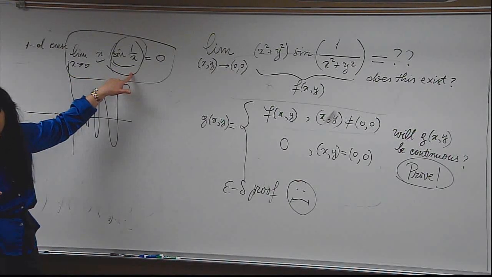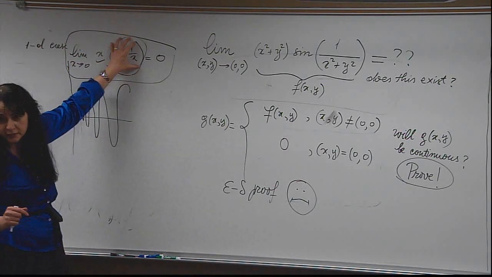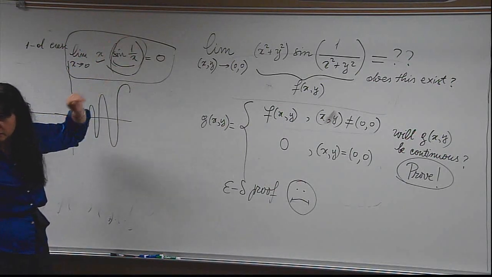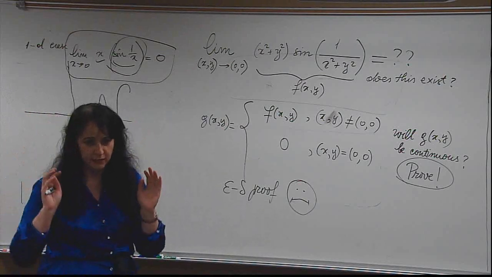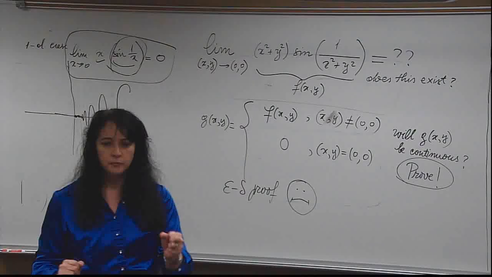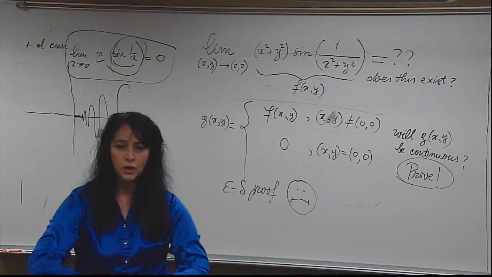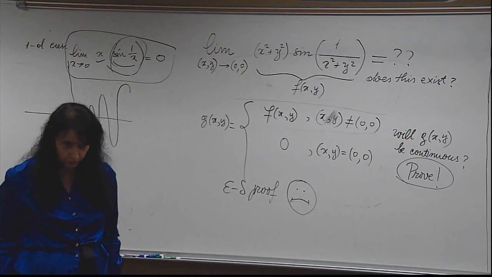Because as x goes to zero, it's something really small times something bounded, like Ryan brought up. That's the main idea: if something goes strongly to 0 and multiplies something bounded by a finite number, the whole product will go to 0.